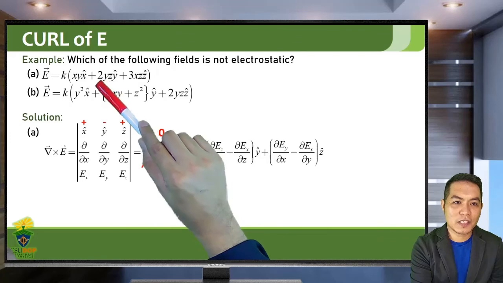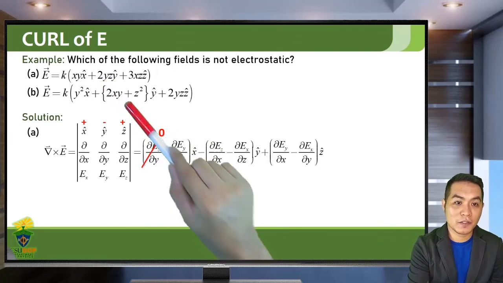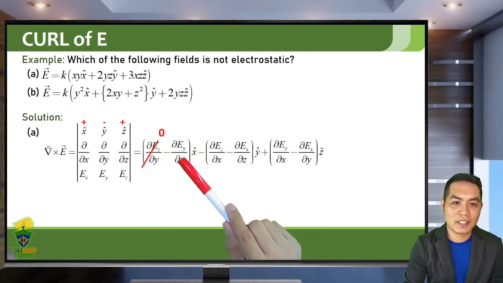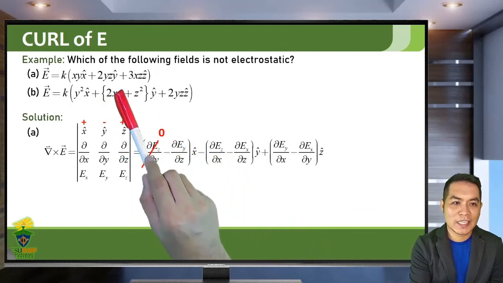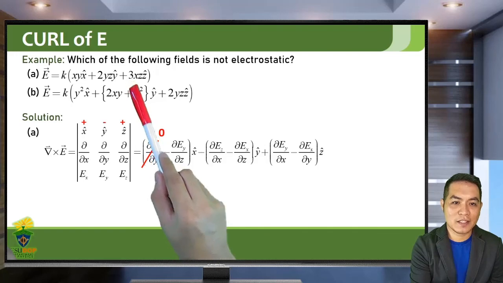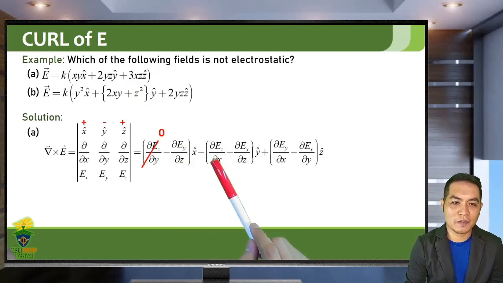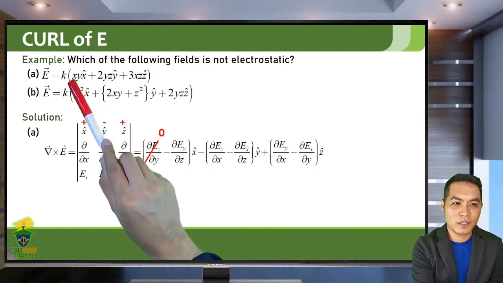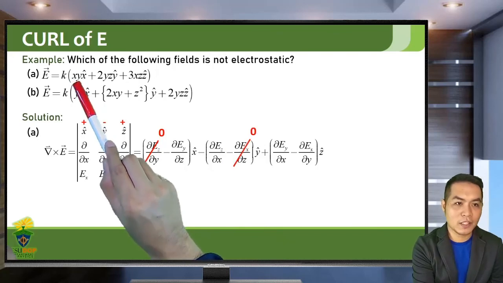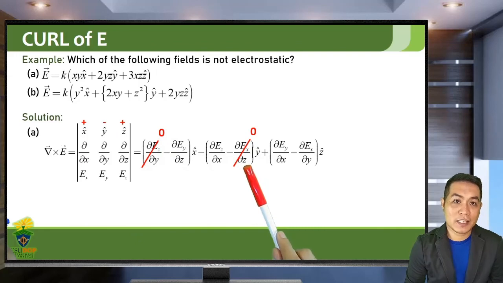You will notice that EY has a y in it, so this term is not 0. How about partial of EZ with respect to x? It's not 0, so this has a derivative. Partial of EX with respect to z: EX is this one, there's no z here, so partial of EX with respect to z is 0.